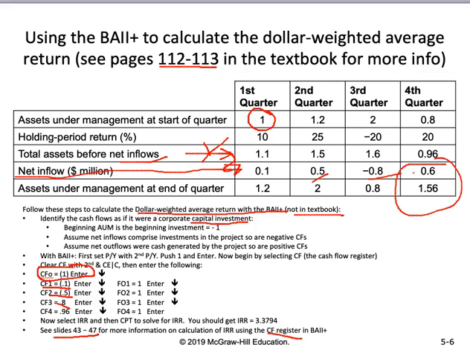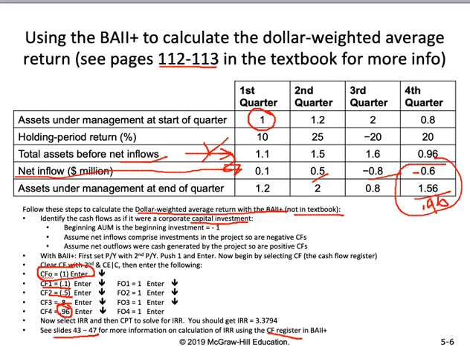We assume that that is a negative because that inflow is assumed to be an investment in the project. So investment, just like the initial investment, is negative. So we had a negative 0.6 and a positive 1.56, which gives us a sum there of 0.96. And that's the entry we make here for the fourth cash flow.